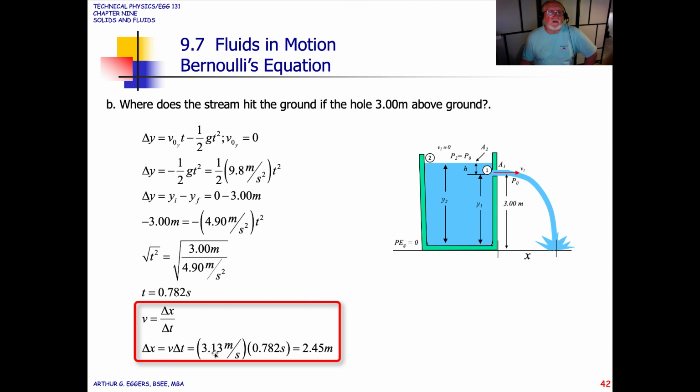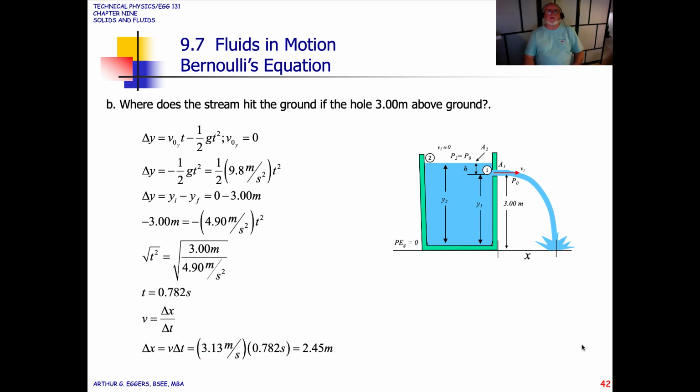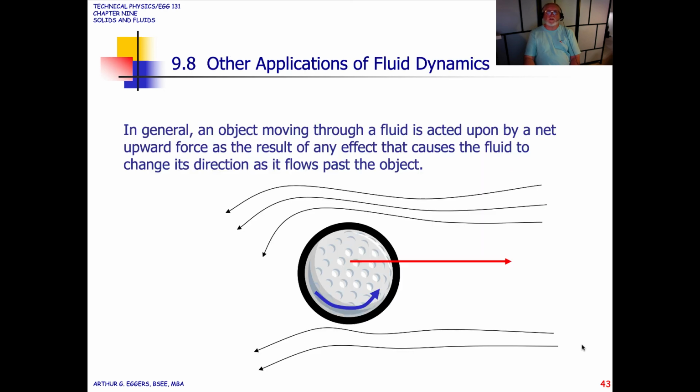So 3.13 meters per second was the velocity that we calculated in the first part of the problem, and then 0.782 seconds is the amount of time that it takes for the water to flow, and it gives us a spot out here on the ground of 2.45 meters. That is the distance that the stream of water hits the ground if the hole is 3 meters above the ground.